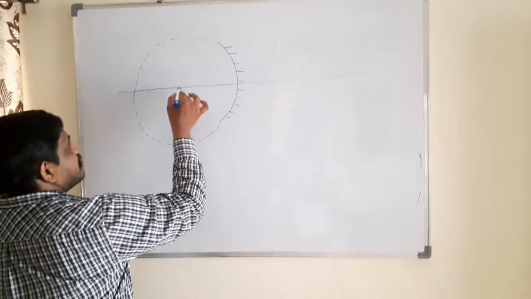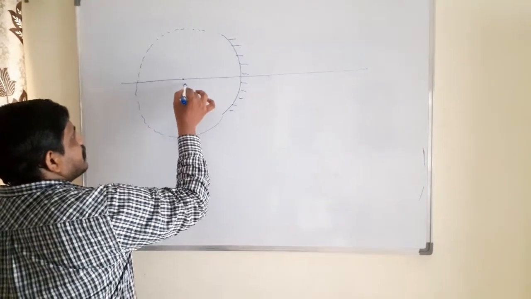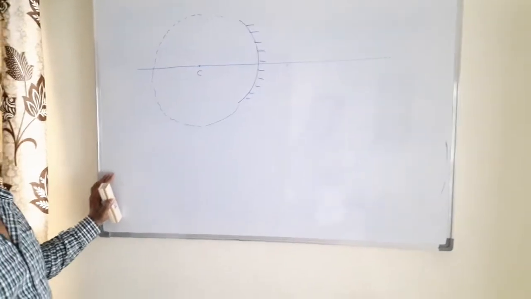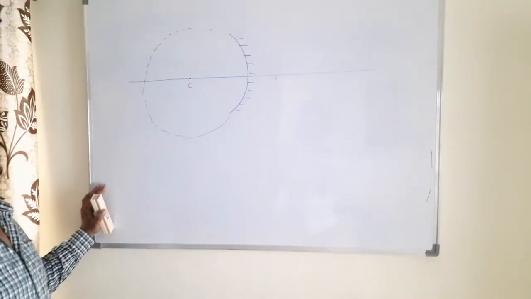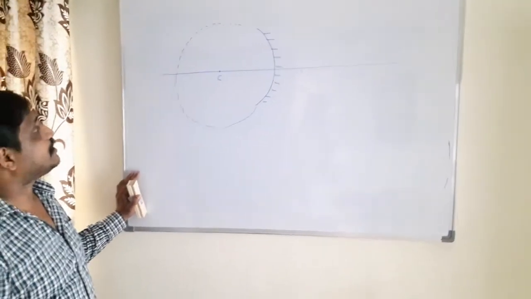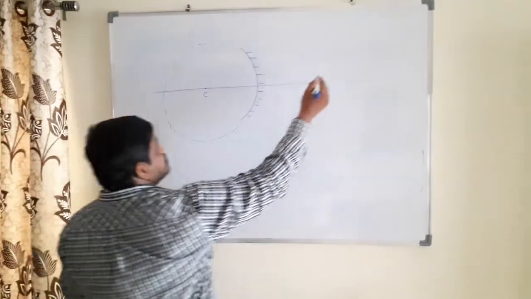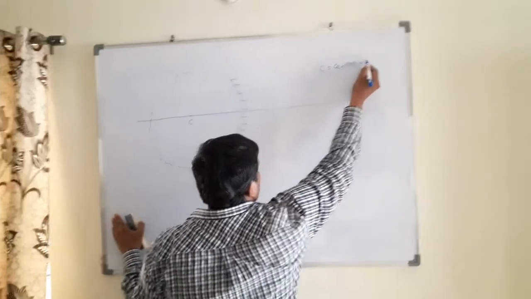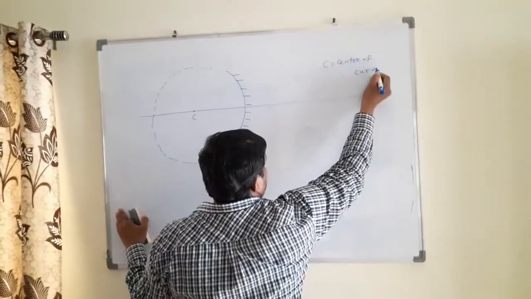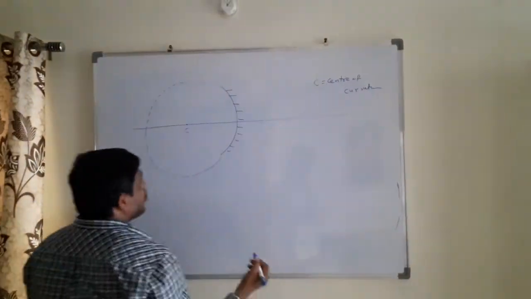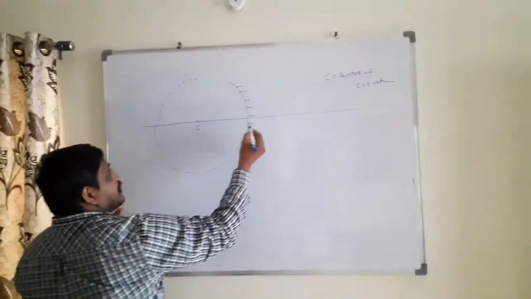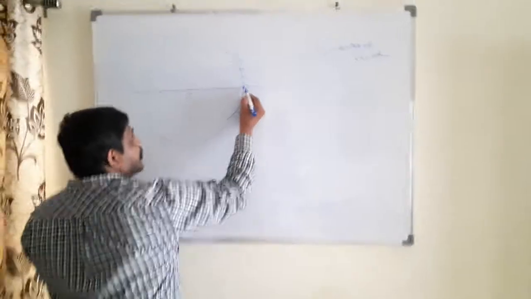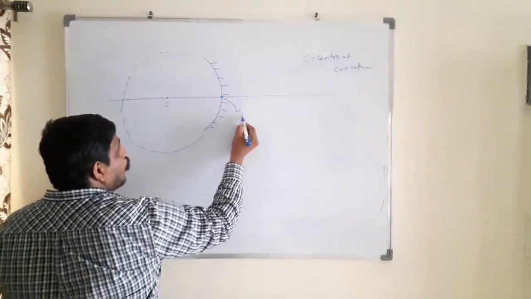In the imaginary sphere, the center point is called C. C is called the center of curvature. Here on the mirror, the middle point is called the pole.